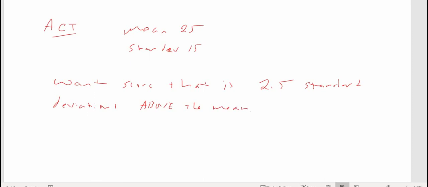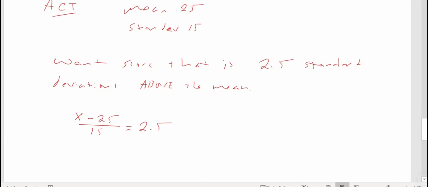So that would mean that whatever score I need, minus the mean, divided by the standard deviation, had better be equal to 2.5. So we just have to solve that linear equation.